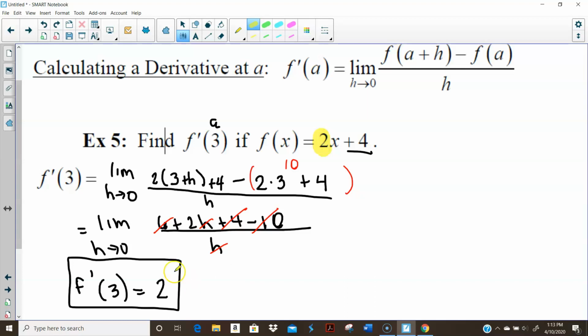The slope here is 2, and f prime of 3 is also 2. So obviously we wouldn't use this big formula to find that, but it's useful to know and to practice on linear functions so that you can use it on other polynomial functions that don't have a constant rate of change.